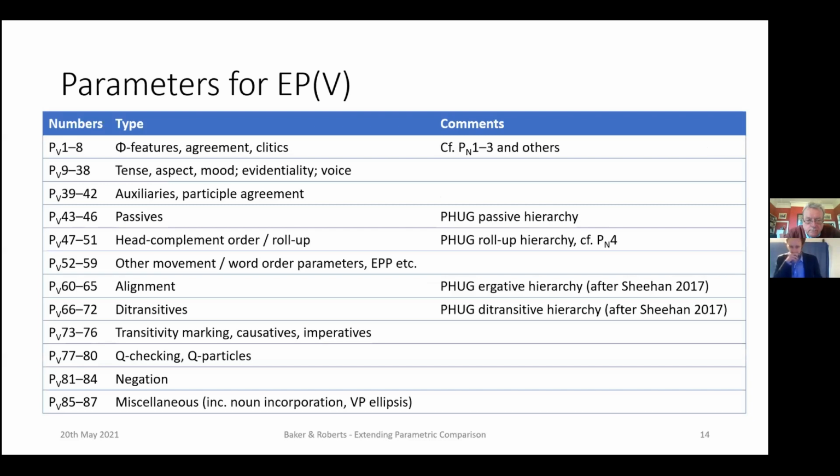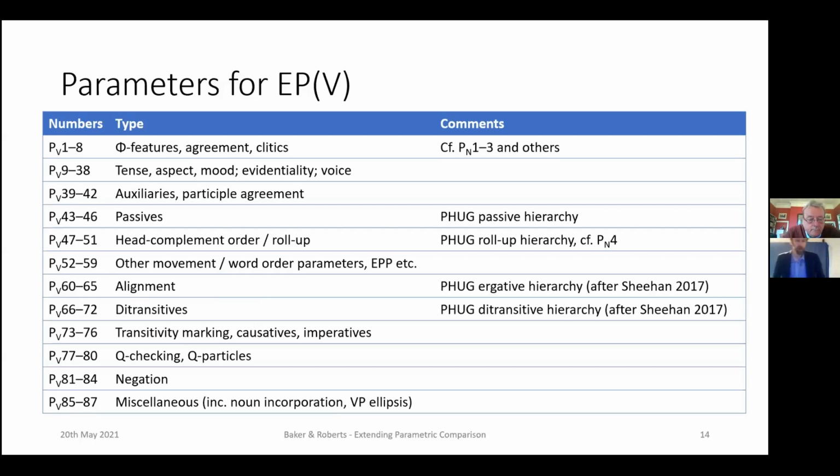So this is just a summary of the categories of parameters we have, and some information on their sources as well. So the first 8 parameters are to do with features like agreement and clitics. As we've seen, the first 3 in particular, which are grammaticalized person, grammaticalized number, and grammaticalized gender, have very close parallels to those proposed for the nominal.